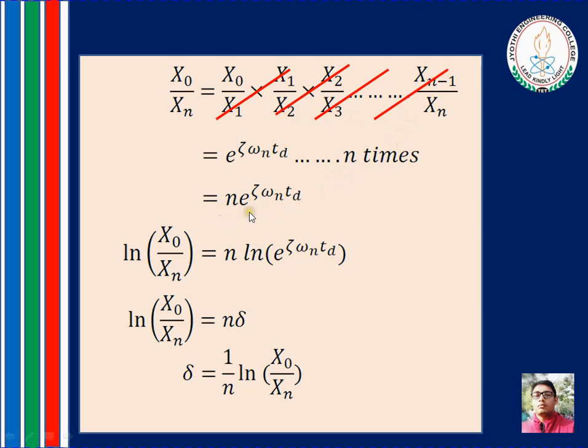So it will be e to the power of zeta omega n td, whole to the power n. Taking the natural logarithm of x0 by xn, that will be n into the natural logarithm of e to the power of zeta omega n td. That is, natural logarithm of x0 by xn equals n times delta, or delta can also be obtained by taking the ratio of the amplitudes corresponding to oscillations separated by n oscillations between x0 and xn. Delta equals 1 by n into natural logarithm of x0 by xn.